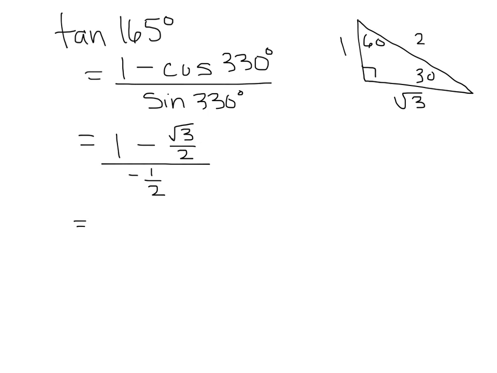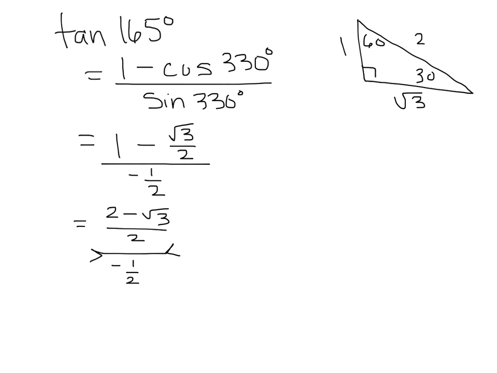Now, getting a common denominator on top, the 1 is 2 over 2, so we end up with 2 minus root 3 over 2 divided by negative 1/2.